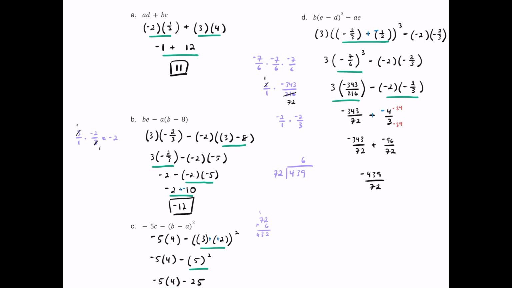Oh, 6 times 72, I just found out, is 432. And it's got 7 left over, which is less than 72. So there should be negative 6 and 7/72. So there we go. I think, if I didn't make any mistakes, this is all of the work and all the answers.